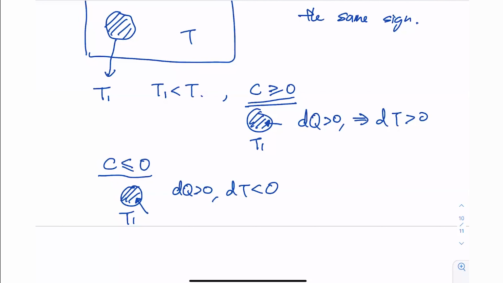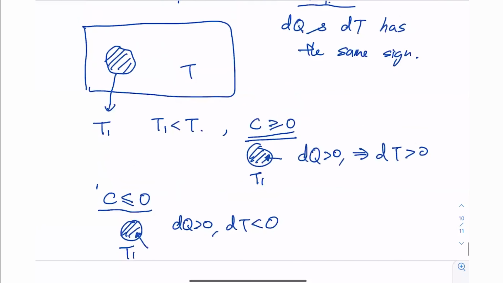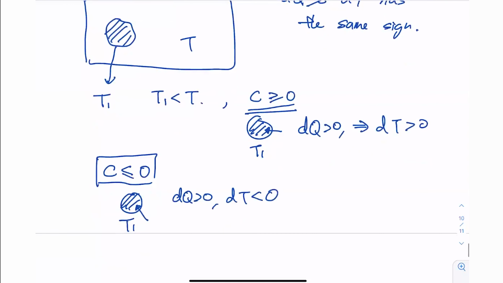Okay, so usually whenever you have some strange system, and you calculate the specific heat of that system and it is smaller than 0, we call this system thermodynamically unstable, because the temperature fluctuation is not going to be suppressed.